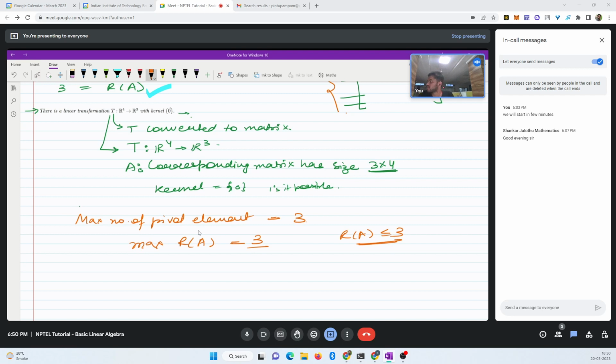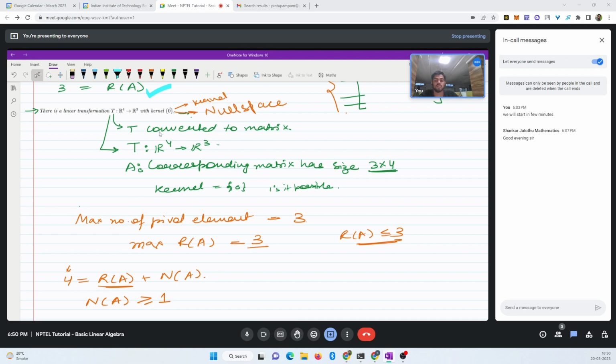Now, according to the rank nullity theorem, the number of columns, which is 4, should be equal to rank of A plus nullity of A. So if rank is less than or equal to 3, then your nullity of A must be greater than or equal to 1, right? But what they are claiming is that its kernel is 0. Kernel is nothing but the null space.